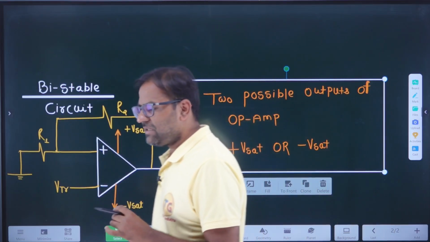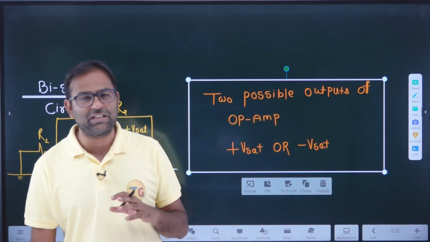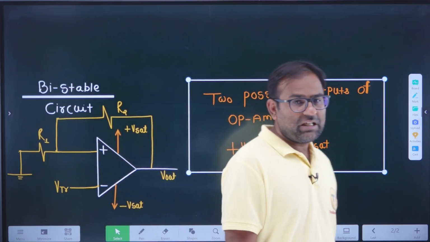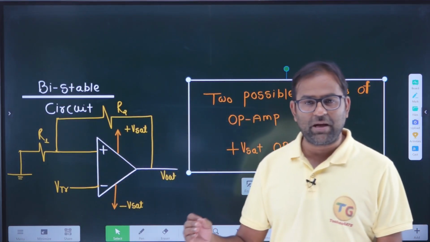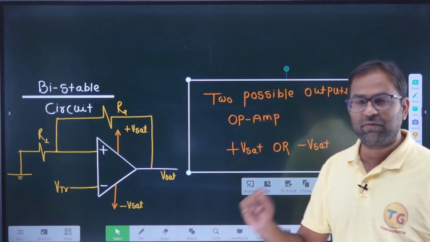The reasoning is very simple: we are using positive feedback, and an op-amp with positive feedback always saturates.